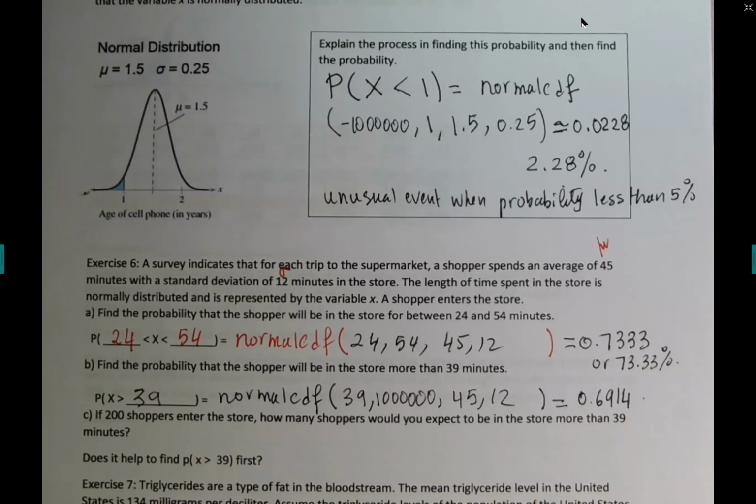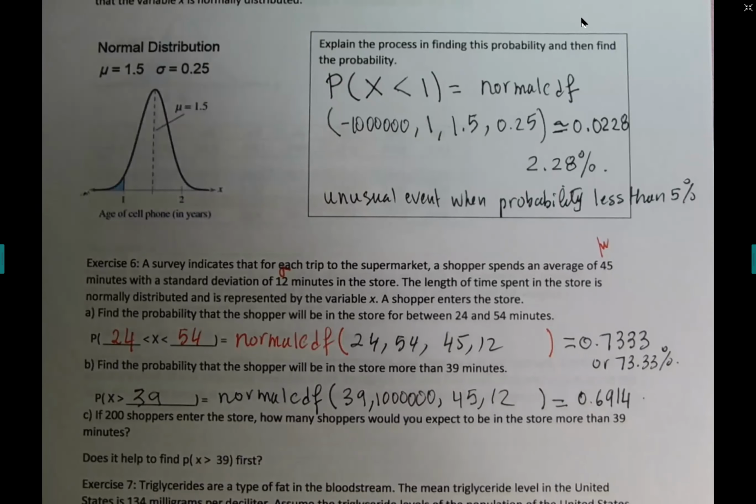How would you figure this out? You find 35% of what? Of 50. So you do 0.35 times 50, and then you can figure out the number of students.